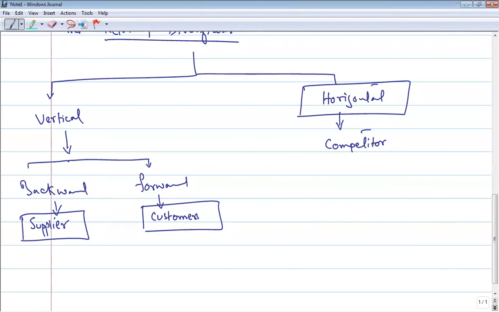So okay, quickly give me an example of a forward integration, a company buying its customer. Mercedes-Benz buying Toyota?